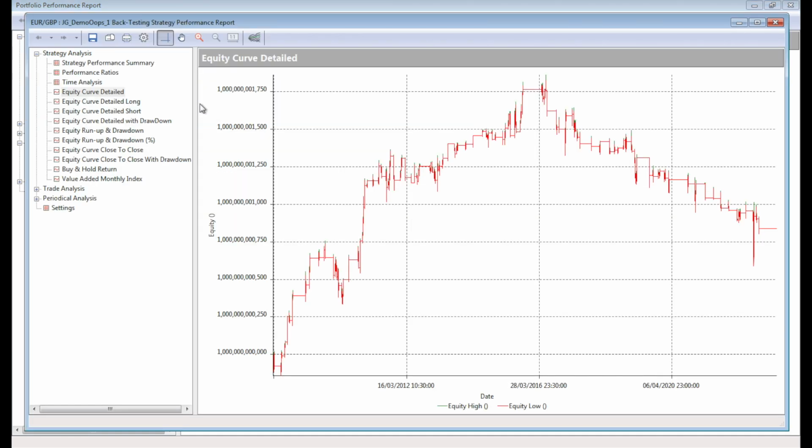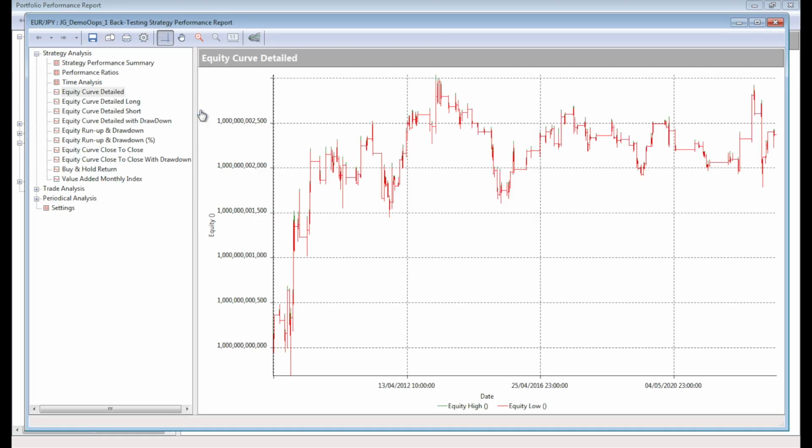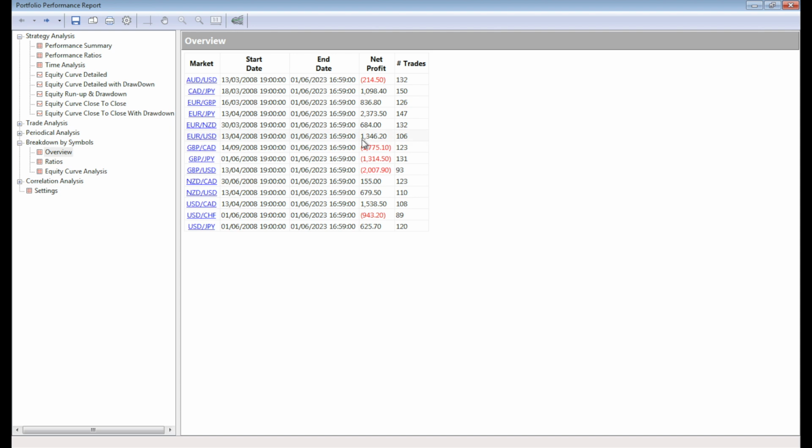Equity curve was working pretty well, but working awfully recently. Euro yen, the best one here, was working pretty well up until 2013-ish, and then essentially it's just gone sideways. Euro New Zealand making a bit of money.